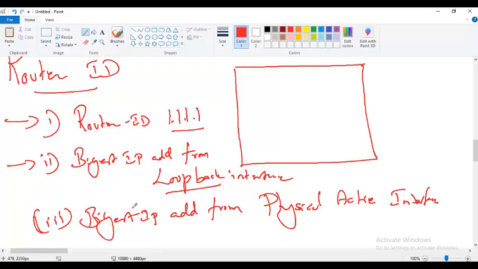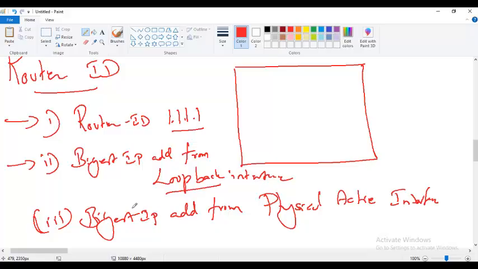So remember, every router needs a unique ID so that when they send the update, they can put the ID and send it to others to know who sent it. And this ID should not be duplicate, should not be with any other router. It's only one ID for one router. It should be unique.